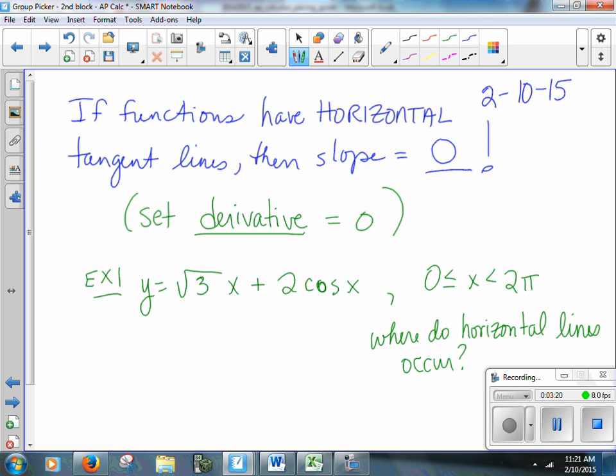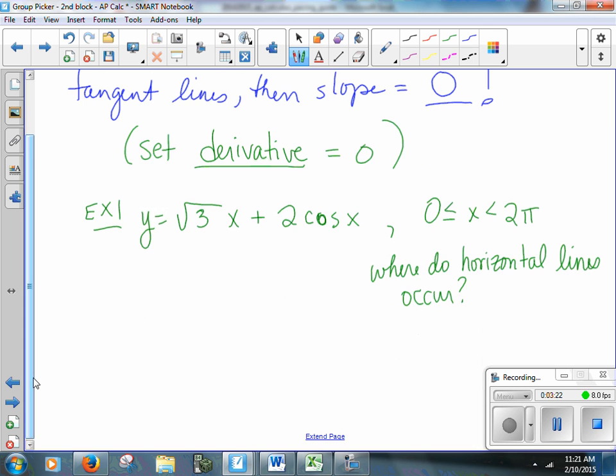Somewhere on that curve there are going to be maybe 1 or 2 or 3, or I don't know how many, horizontal tangent lines. So if we're talking about a horizontal tangent line, what do we first have to do straight off the bat? We've got to find the derivative.